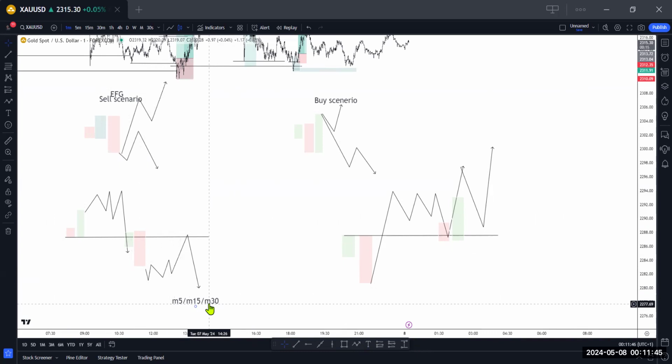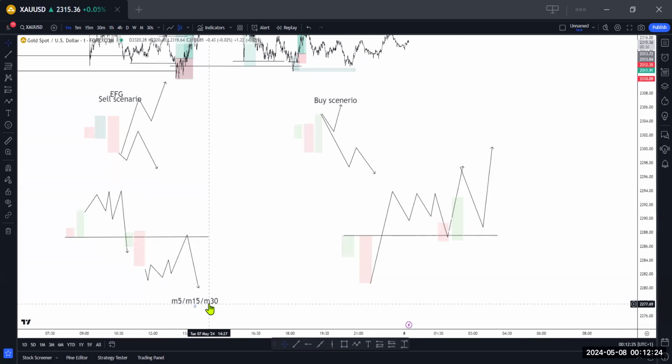Now, if price is going from H4 to H4, when it leaves an H4 resistance, any EFG setup you see on M30, M15, and M5 is going to be used to continue price to the next H4 support. The storyline says H4 resistance to H4 support, right? So when you leave an H4 resistance, price starts to drop and keeps forming M15 EFG, M30 EFG or M5 EFG. You would notice that this EFG is the same thing as MSU.